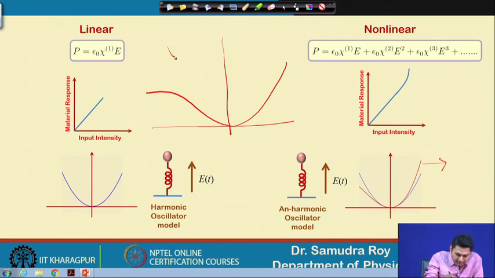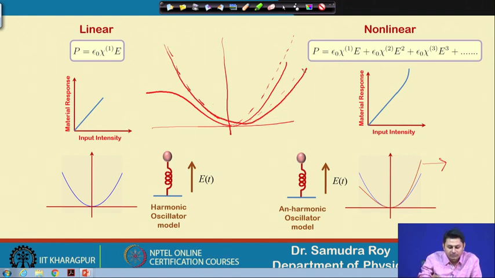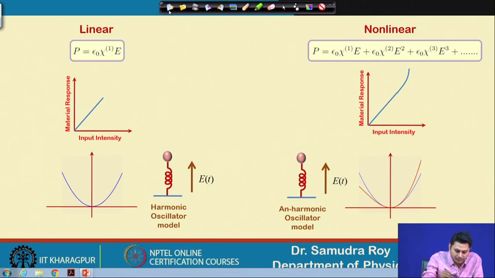On top of that, if I draw the potential related to the harmonic one, it should be very much symmetric, something like this. So, there should be some kind of asymmetry of this line. Let me draw that once again to make it more clear.